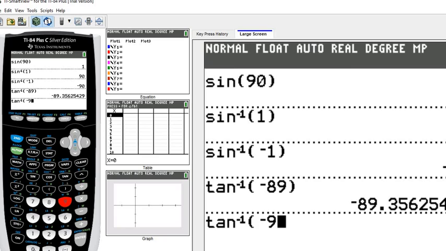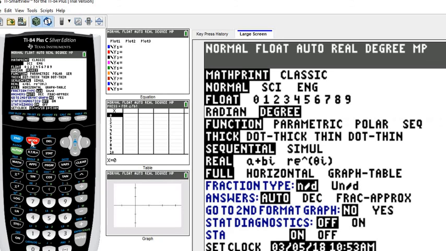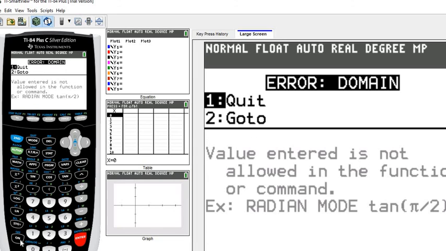Whoops, I'm sorry, I'm doing tangent of 90. Tangent of 90 would be undefined, and you can see that's an error.